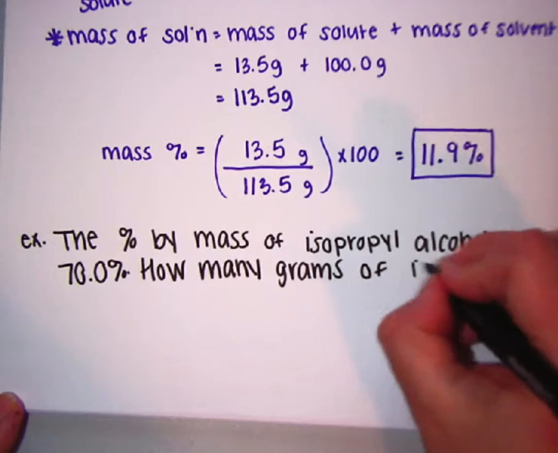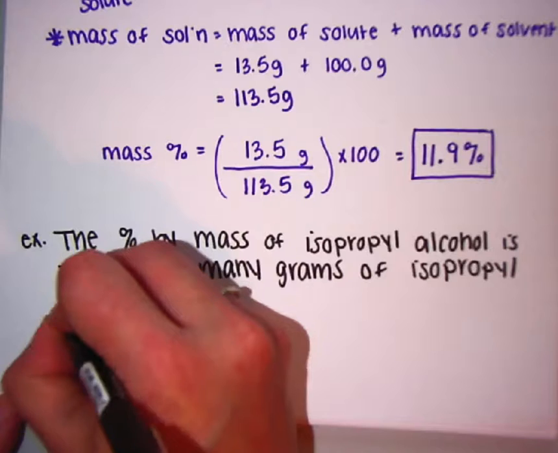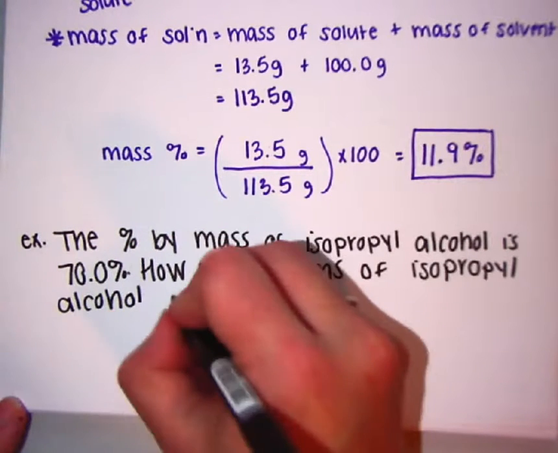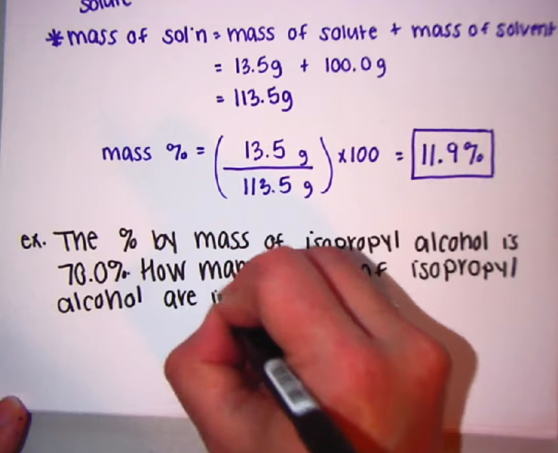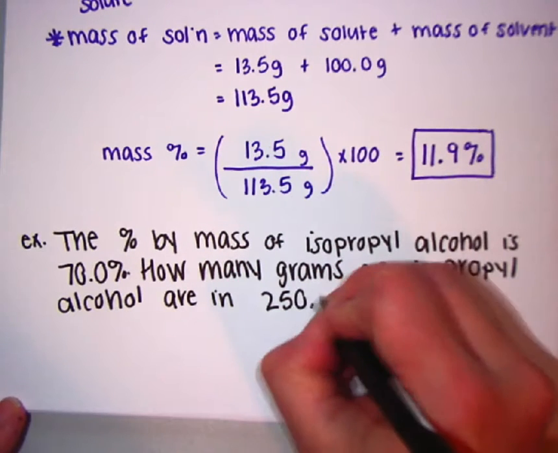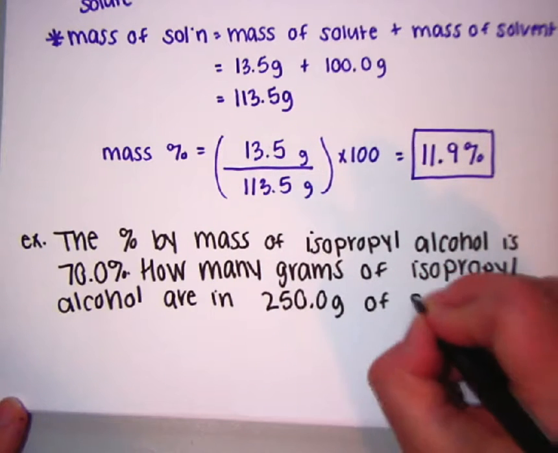How many grams of isopropyl alcohol are in 250 grams of solution?